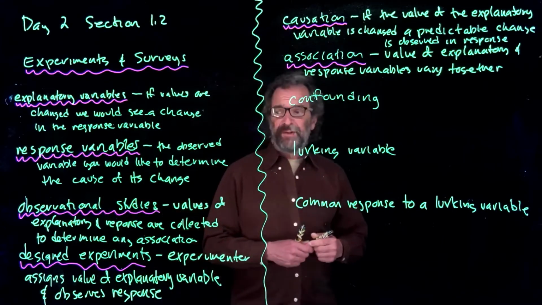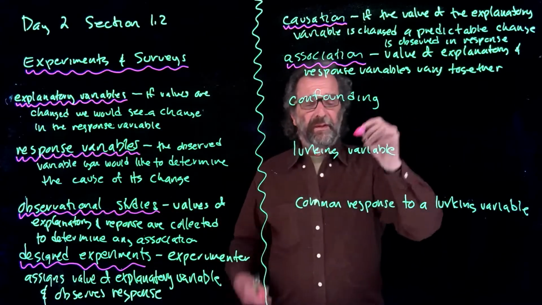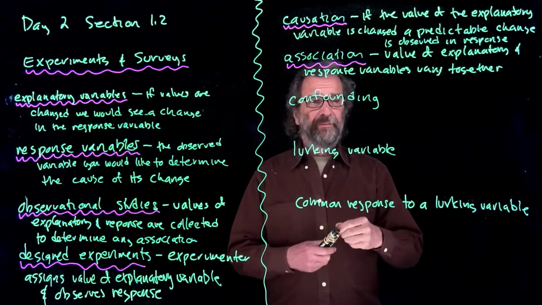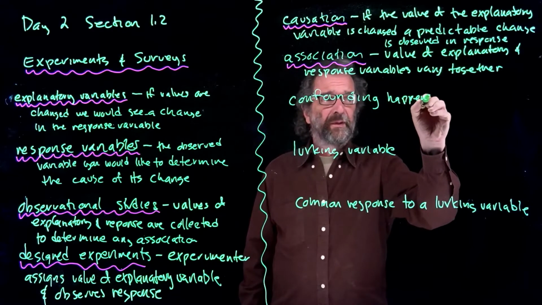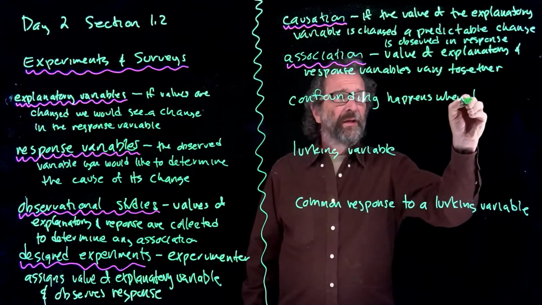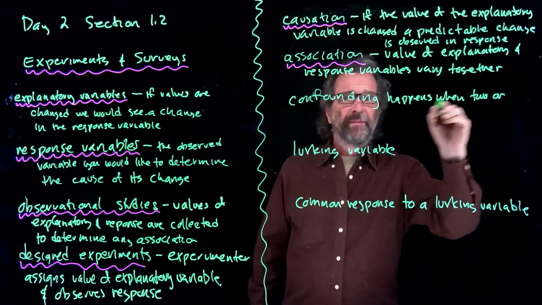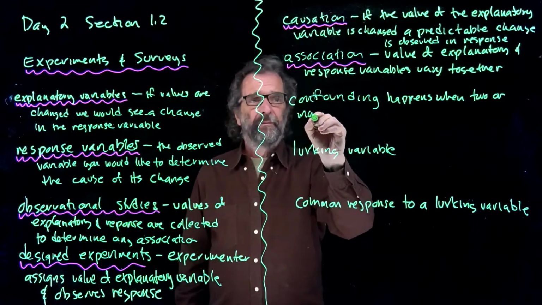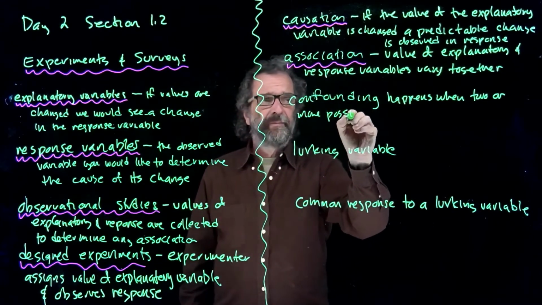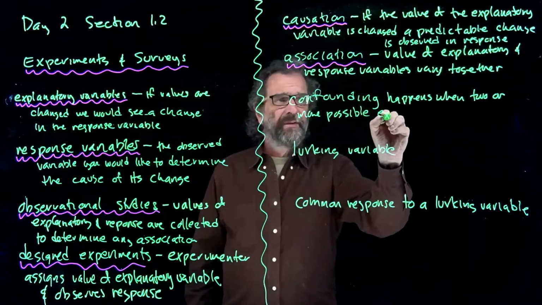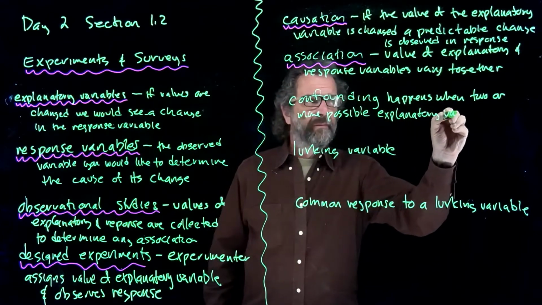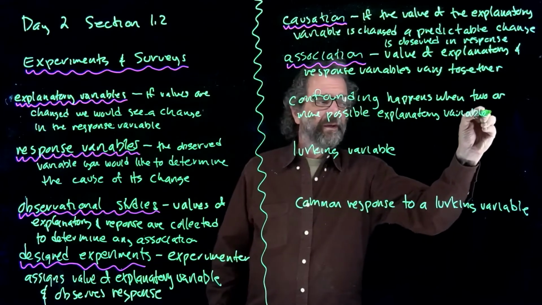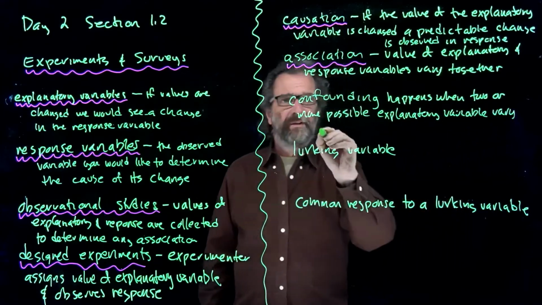How about confounding? Confounding happens when two or more possible explanatory variables vary together.